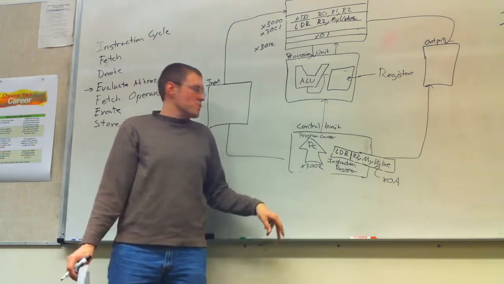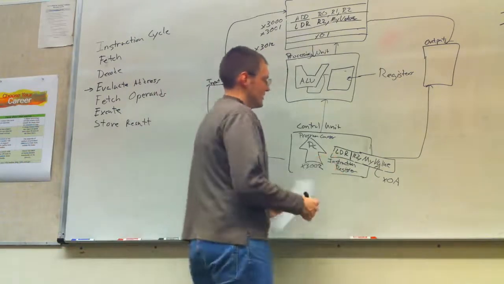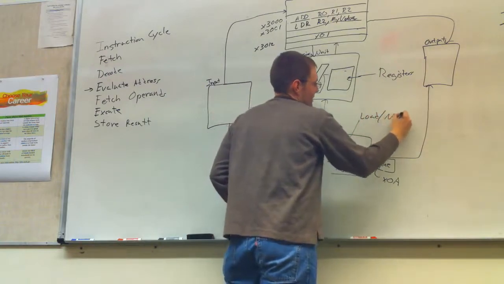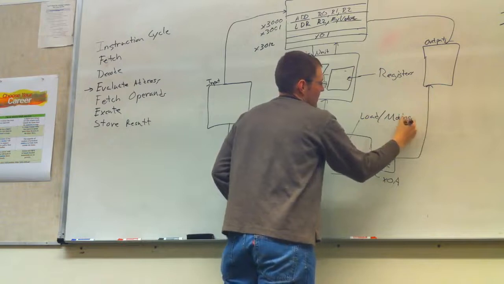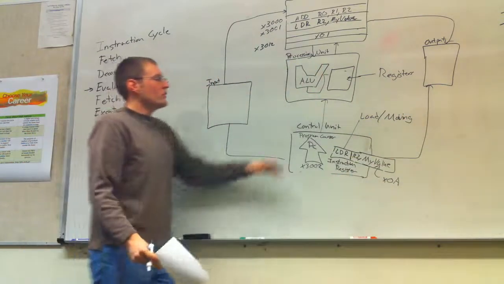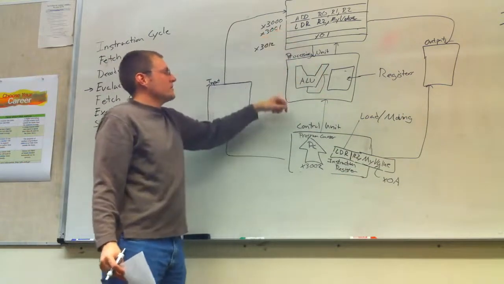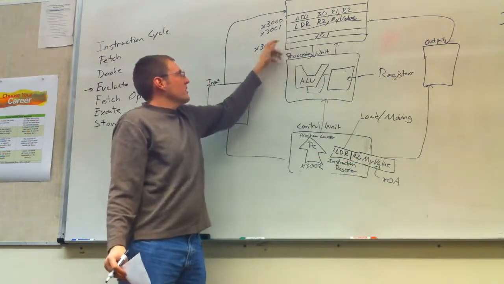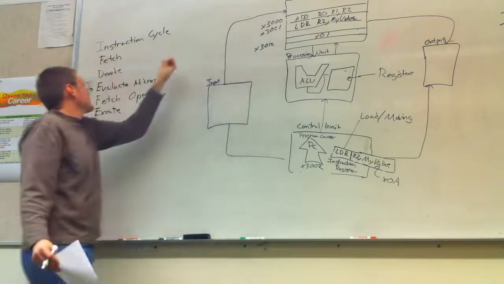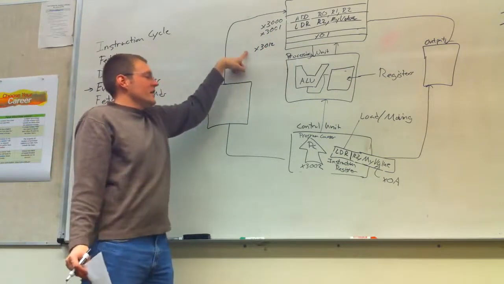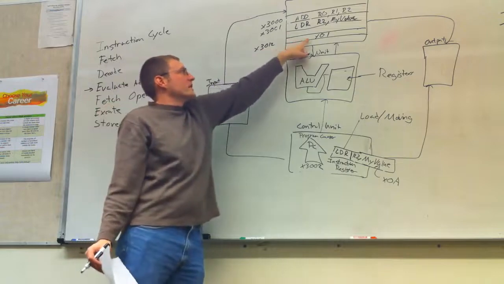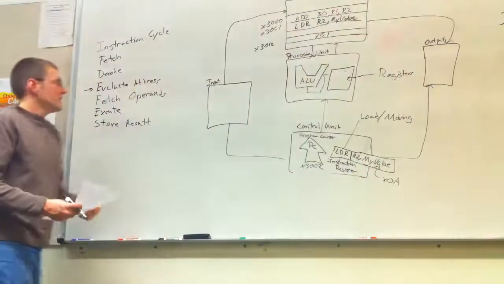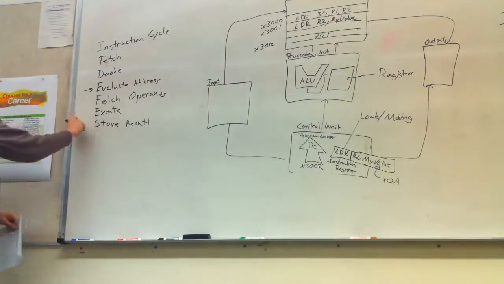What's that DR stand for again? What's that opcode? It's a load. Load, or I want to say load or a move, sorry. So basically I'm going to move from memory to R2. We calculate the address, and we're going to move the content, which is 3001, into register R2.